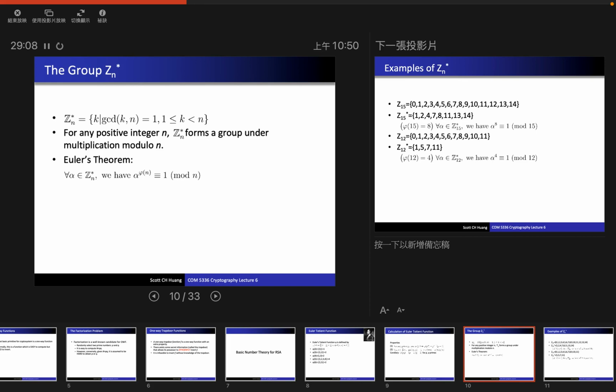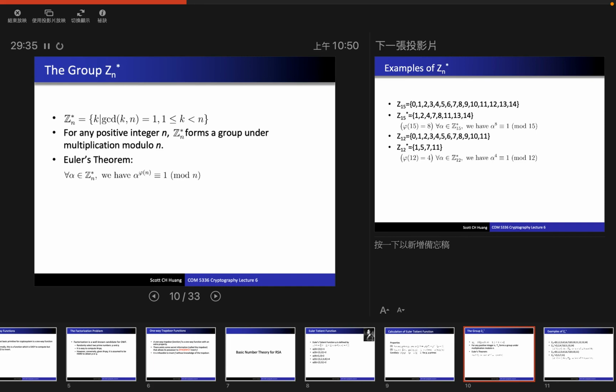What we know is that up to phi n, it will go back to 1, because let's say this is alpha to the phi n minus 1, and then the next one is alpha to the phi n. Alpha to the phi n will go back to the identity. So it's kind of like clock arithmetic.